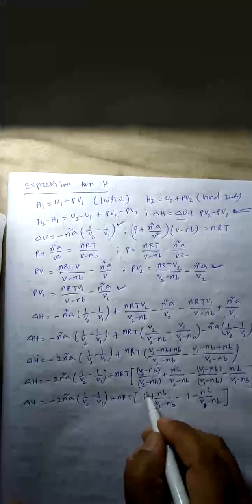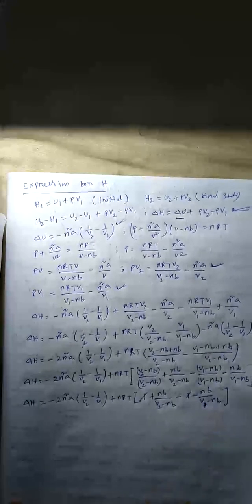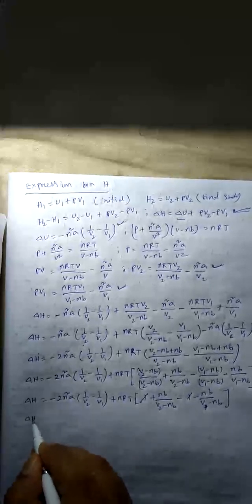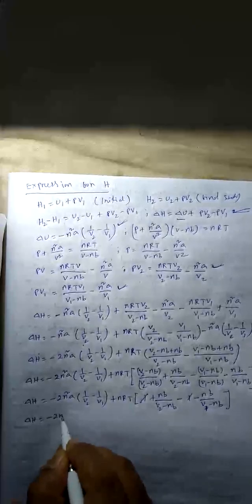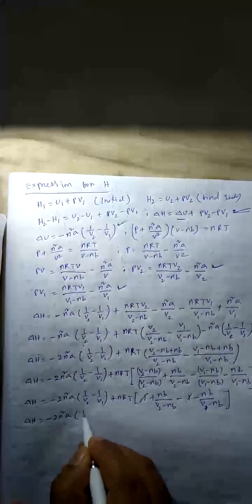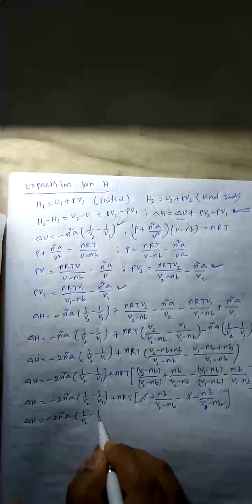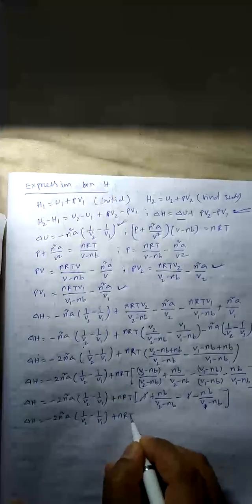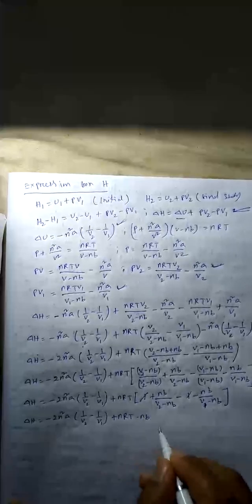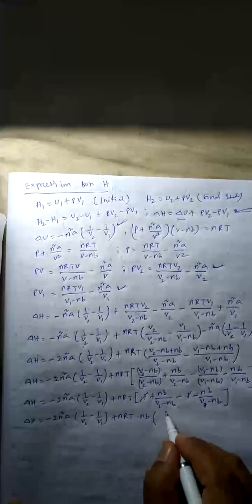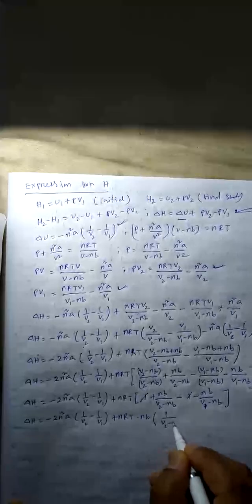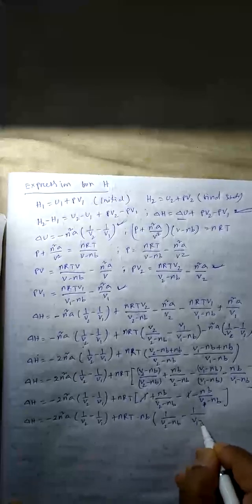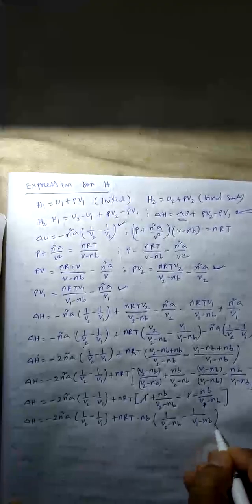Okay, this plus 1 minus 1 cancel. So take nb common from these two. We get delta H minus 2n square a (1 by V2 minus 1 by V1) plus nRT. Take nb common. We get nb (1 by (V2 minus nb) minus 1 by (V1 minus nb)).